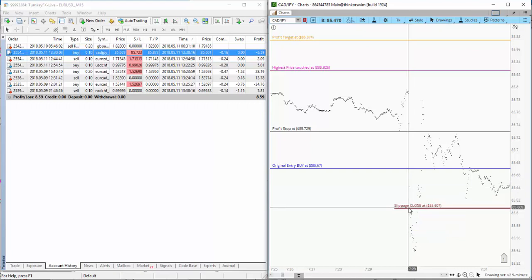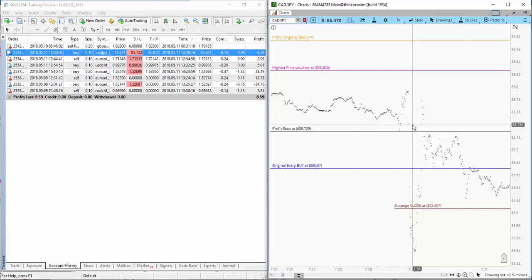And so what happened is the computer's instruction at the broker's server to close my trade said, if you have a price of 85.72, close the trade. There was no tick data price at 85.72.